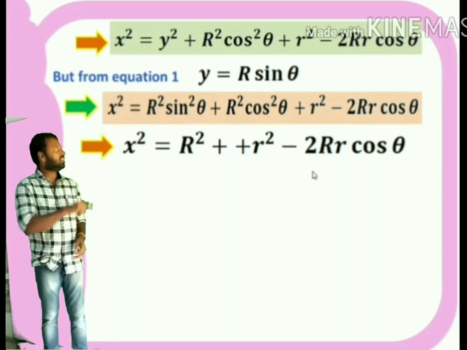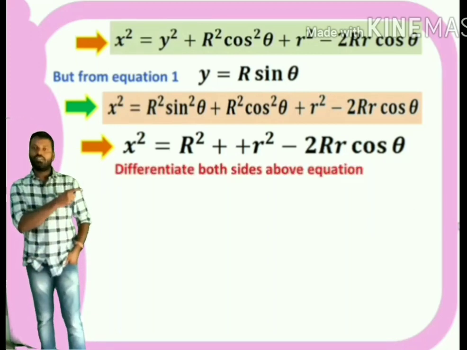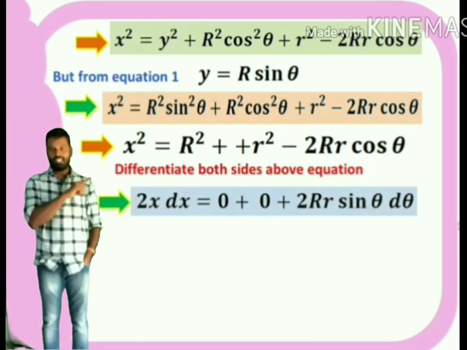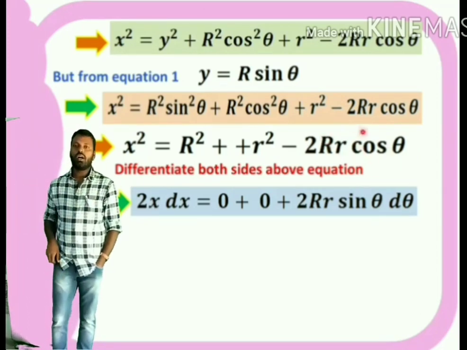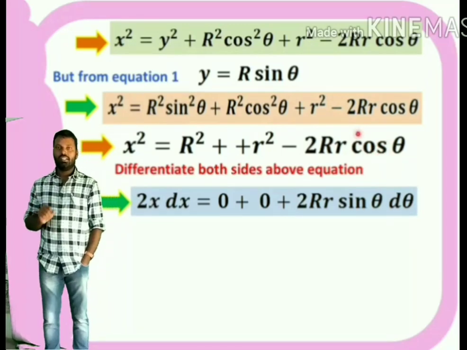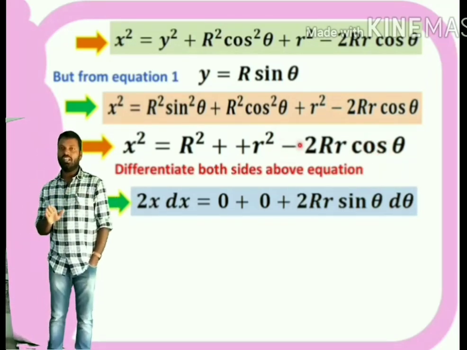Now differentiate the above equation on both sides. X square, if you differentiate, gives 2x dx. R is constant here, so 0, and small r is also constant, 0. So 0 plus 0 minus 2Rr. Now differentiate with respect to theta. If you differentiate cos theta, I will get minus sin theta d theta.